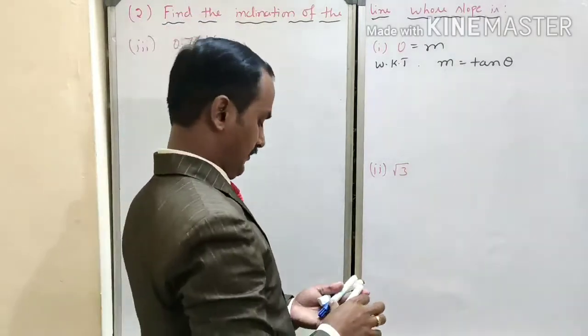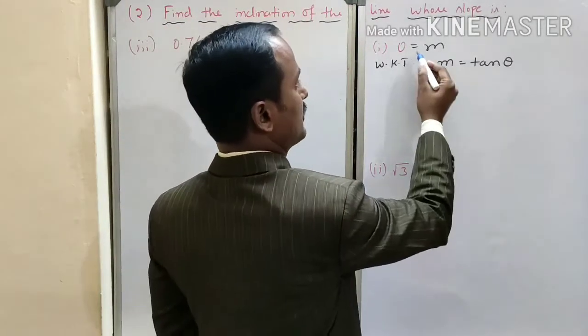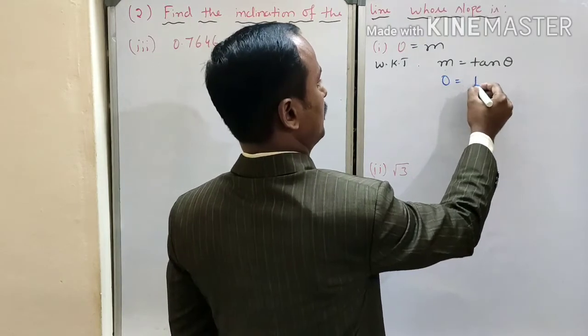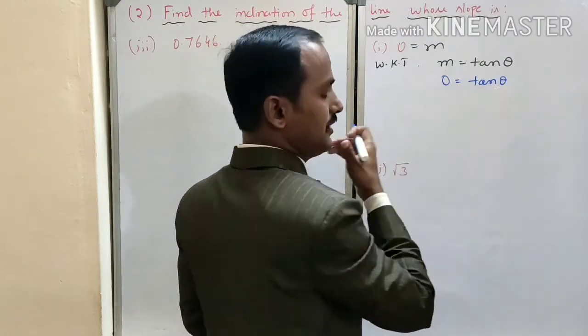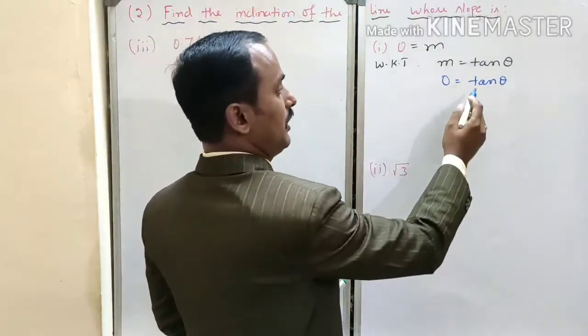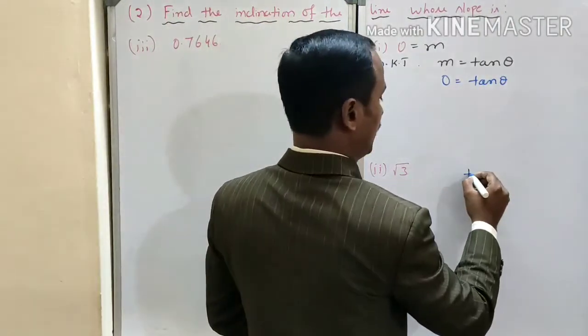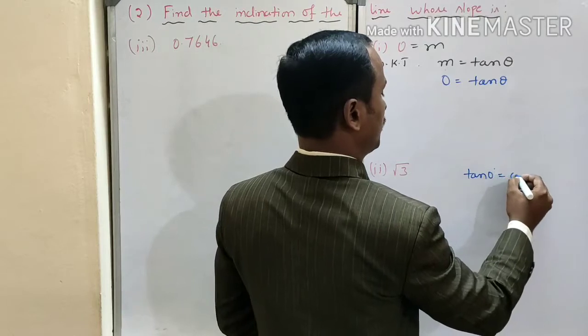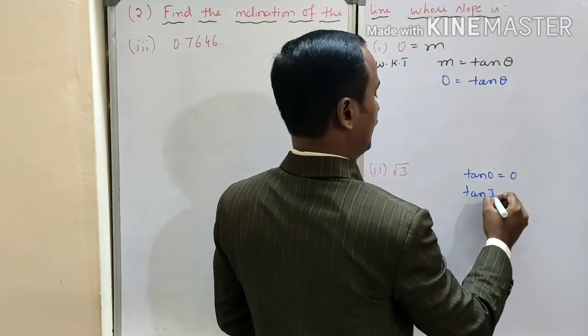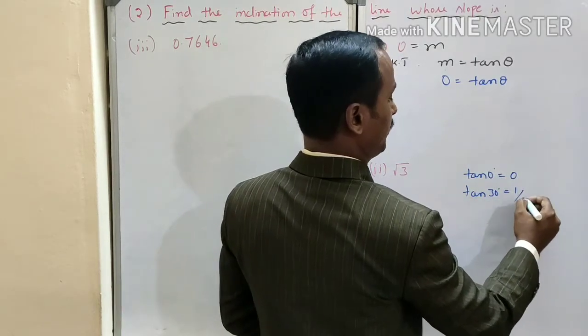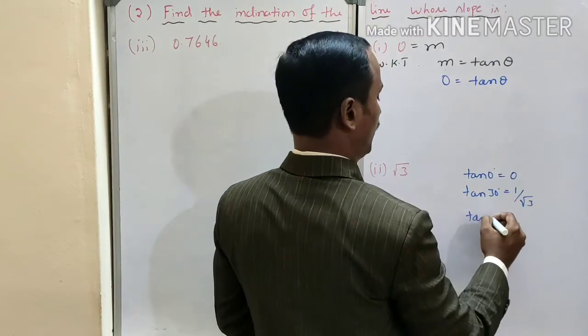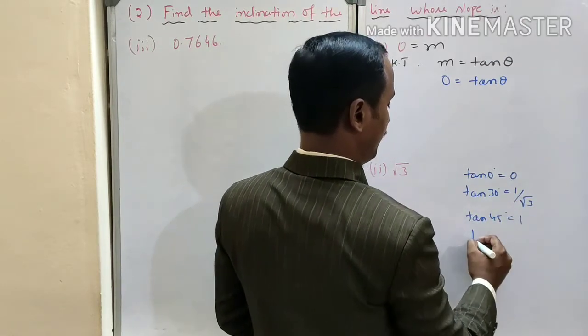Okay. What is the next step? Look here. I will substitute the value of m. M value 0 is equal to tan theta, dear children. Now you should remember the trigonometrical standard angle tan ratios. Tan 0 degree is equal to 0. Tan 30 degree is equal to 1 by root 3. Tan 45 degree is equal to 1.